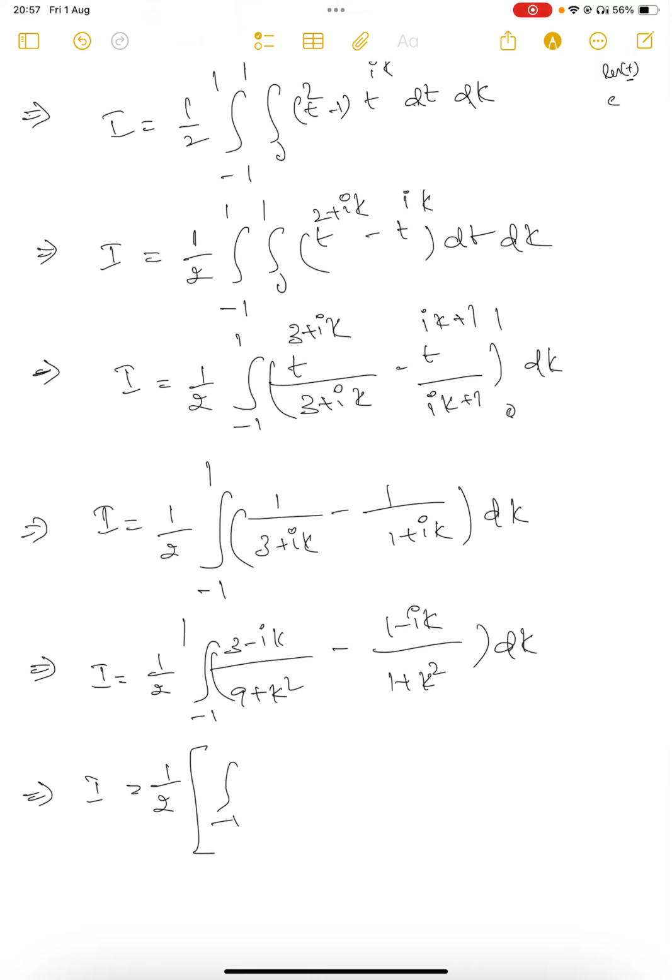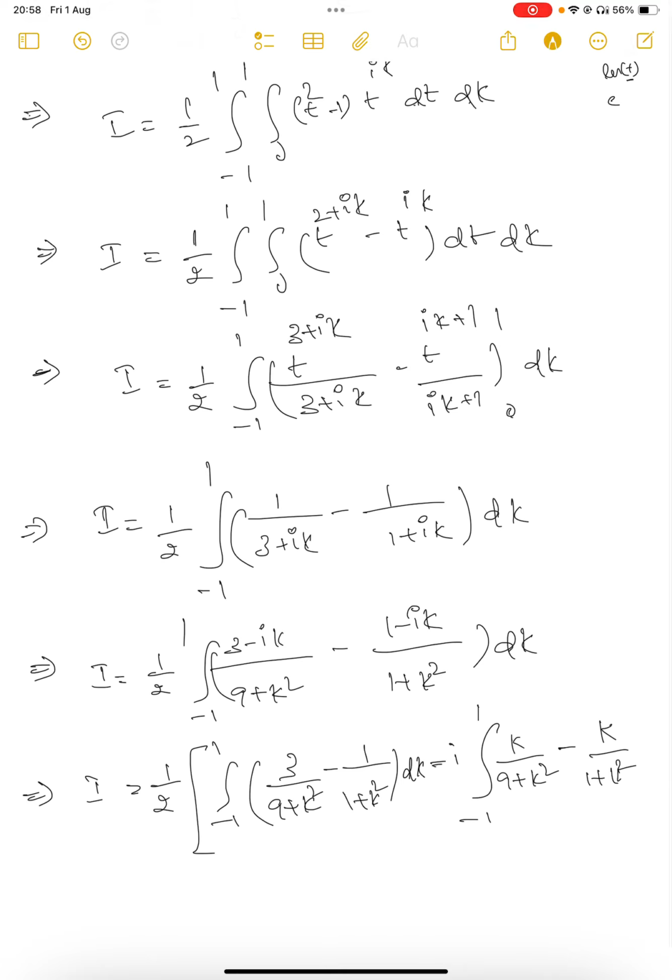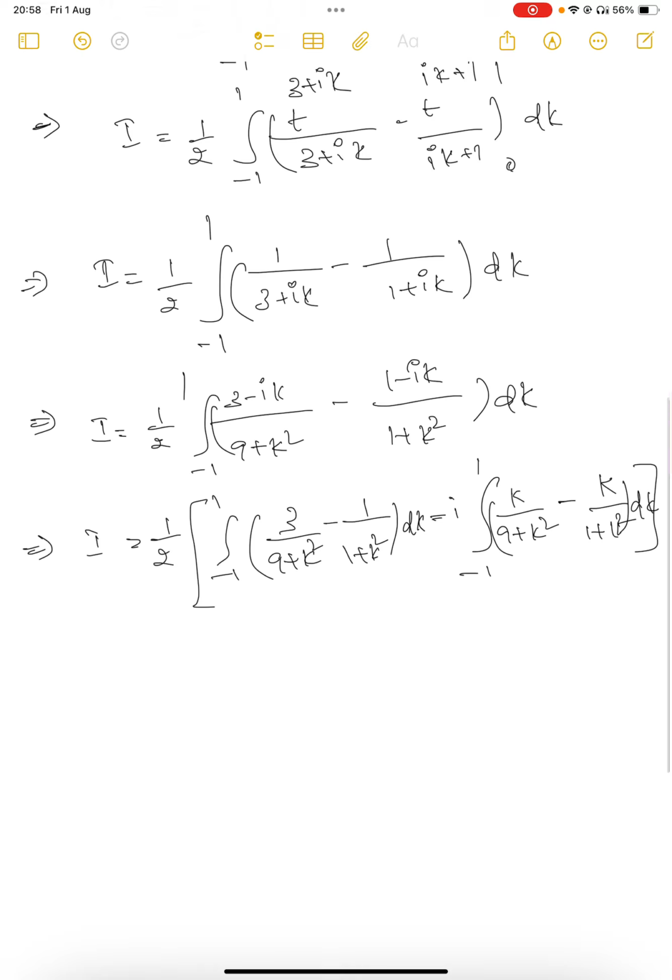The real term is the integral from minus 1 to 1 of 3 by 9 plus k squared minus 1 by 1 plus k squared. The imaginary term is minus i of the integral from minus 1 to 1 of k by 9 plus k squared minus k by 1 plus k squared dk. This real part, assume it as A, this is B.